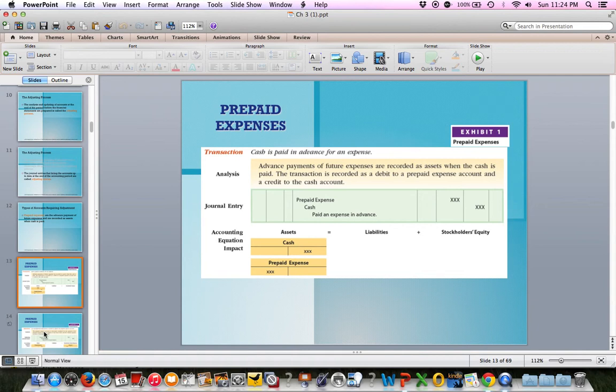Whenever you see the word prepaid, I want you to think that is an asset, and then I credit cash. So one asset goes up and another asset goes down. Prepaid goes up, cash goes down, total assets are the same. You can see the effect in the accounting equation down here: we credit cash, we debit prepaid expense, which is the other asset that goes up. Liabilities and equity were not affected.